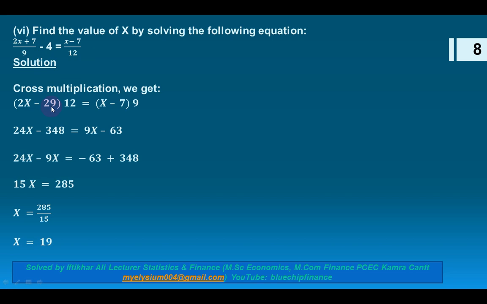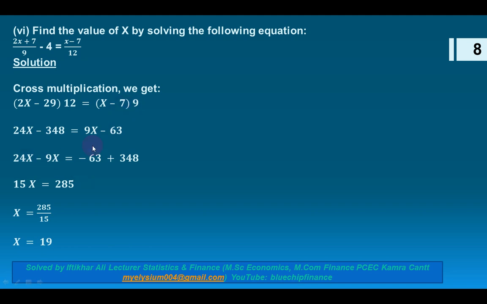After that, 2x minus 29 multiplied by 12 and x minus 7 multiplied by 9. It is the cross multiplication. So 2x minus 29 multiplied by 12 will produce 24x minus 348 equals 9x minus 63.